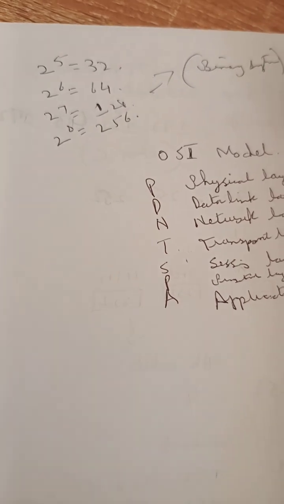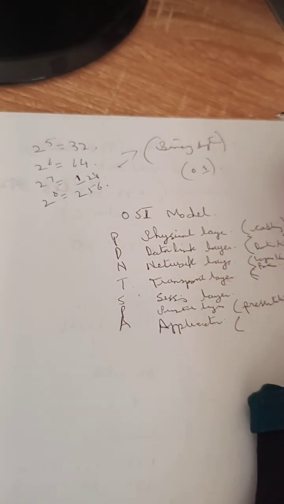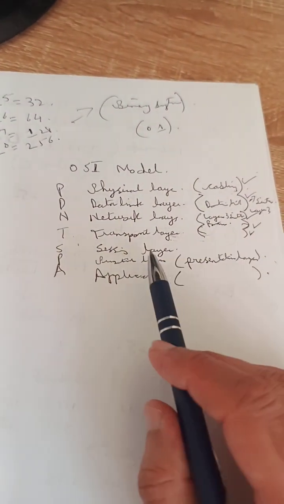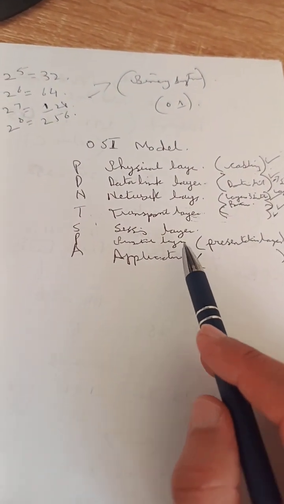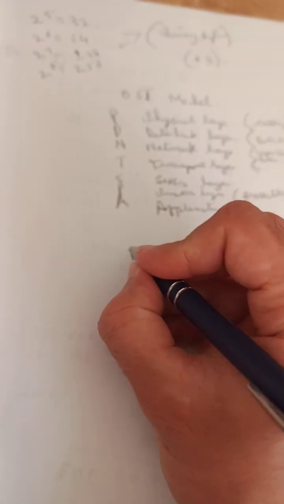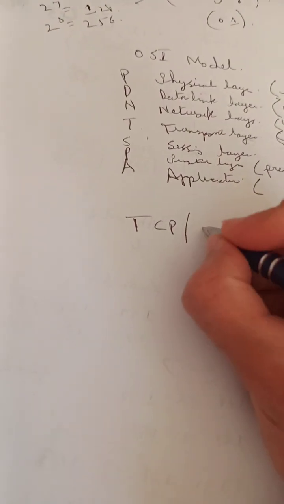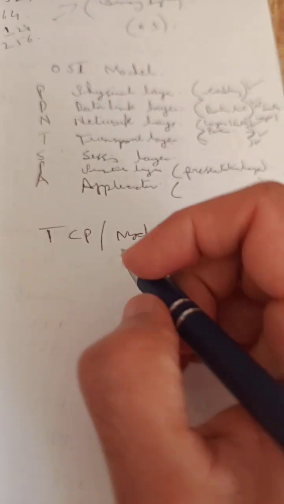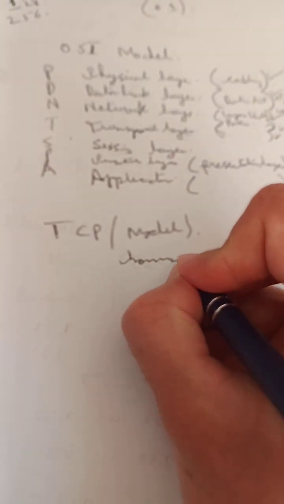Your binary system, as you know, computer understands 0, 1. Just to cut the video short, that's a brief area of your OSI model. Then you have the TCP/IP model as well. That's your homework because the video is going to go really long.